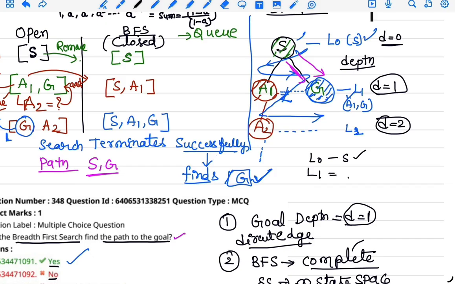What are the nodes? A1 and G are the level 1 nodes, and it completes A1 first, from left to right in this direction: A1, next G, the goal node. Next it will reach the second level like this. So BFS is a complete algorithm on graphs with finite branching factors.